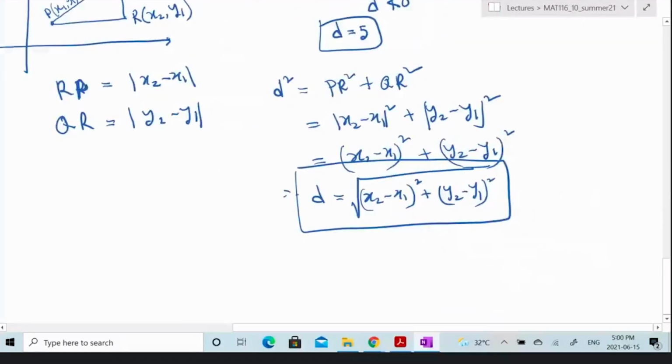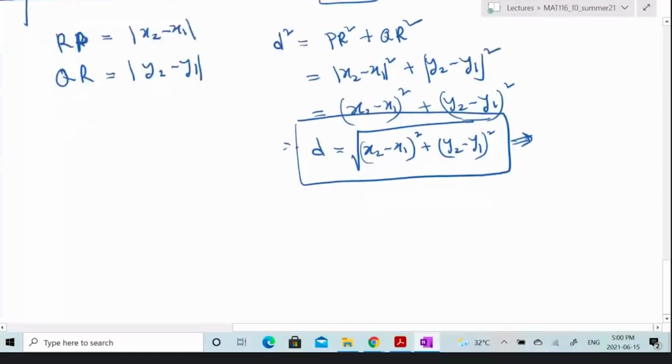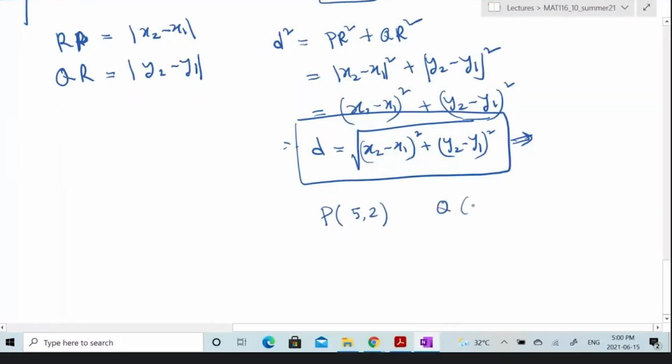So this is the formula we finally got to find the distance between 2 points. Now very quickly, I give you the point P is 5, 2 and Q is minus 1, 3. Tell me what is the distance between them.